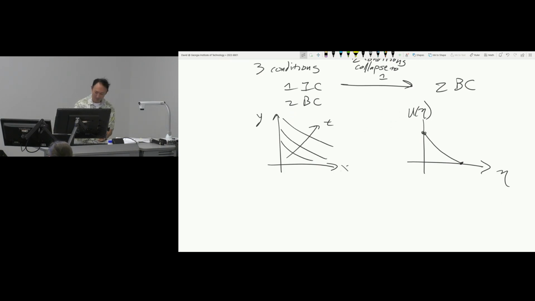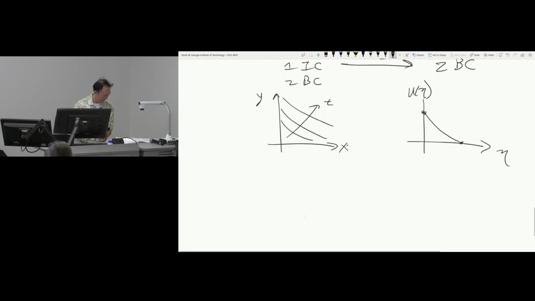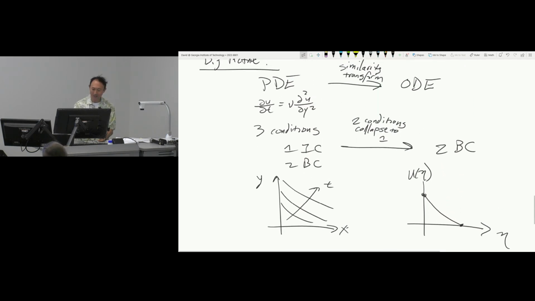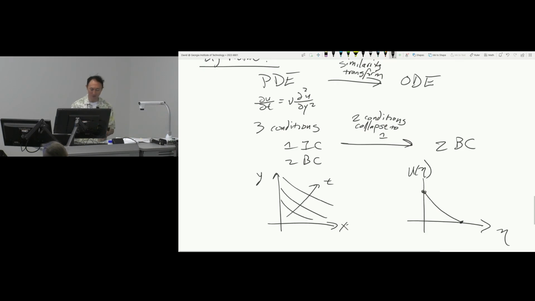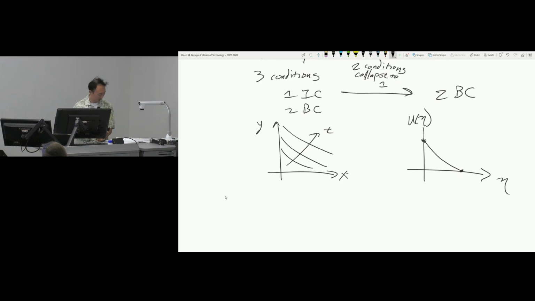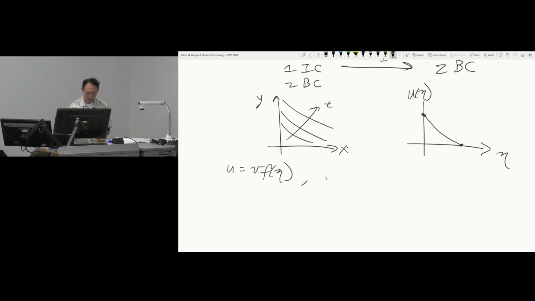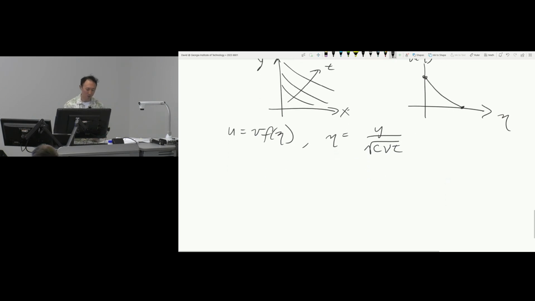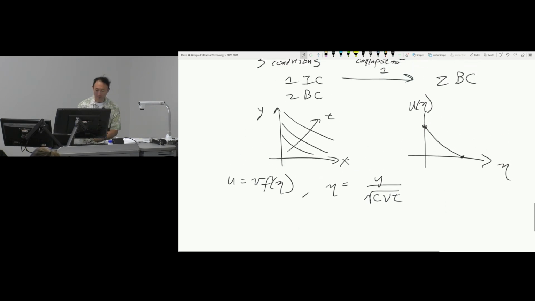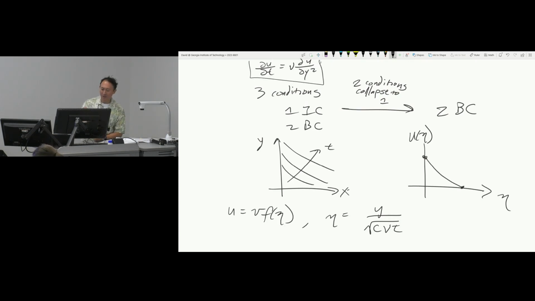All right, so let's do this together. We need to translate this thing into a derivative with respect to eta. So this is what I suggest you do. We have u is equal to nu f of eta, right? And we have eta is equal to y over square root of c nu t. Now we've got to compute derivatives, because I'm going from this PDE that has t and y, and I've got to have everything be a function of eta.